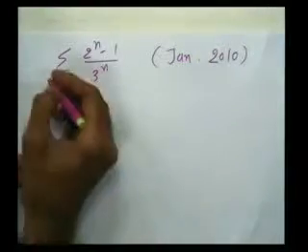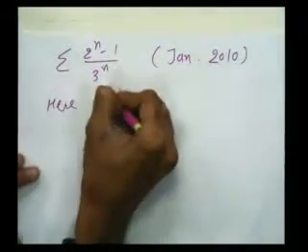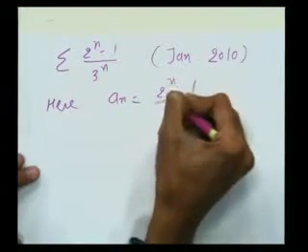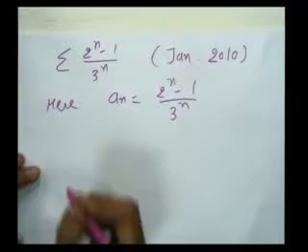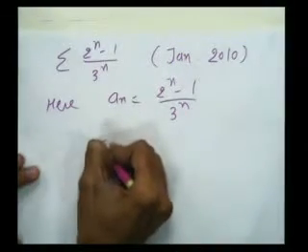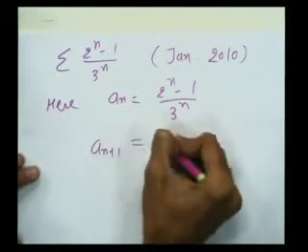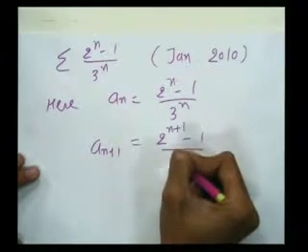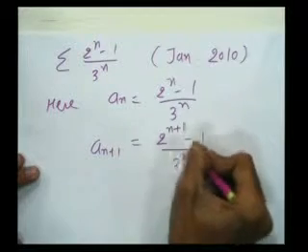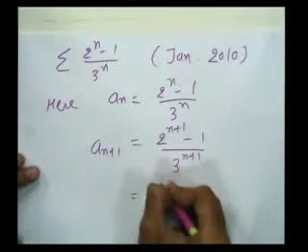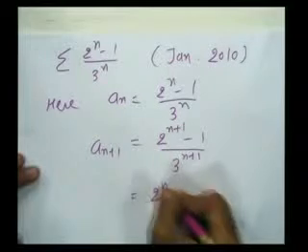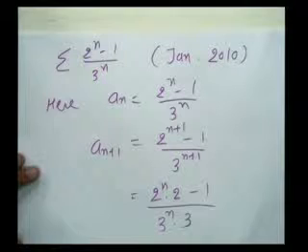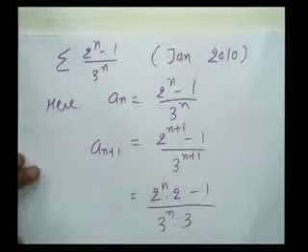Here aₙ is equal to (2ⁿ − 1) upon 3ⁿ, and if we take n plus 1, then aₙ₊₁ is equal to (2ⁿ⁺¹ − 1) upon 3ⁿ⁺¹, which is equal to (2ⁿ·2 − 1) upon (3ⁿ·3).